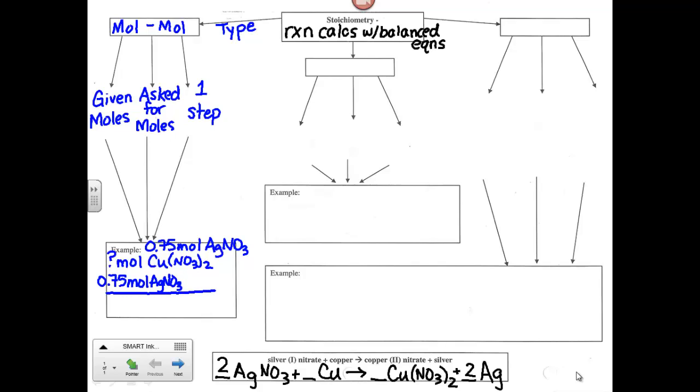We need to cancel the moles. So where do they go next? On the bottom, we use the numbers from the balanced equation. In the balanced equation, there's 2 moles of AgNO3 for every 1 mole of copper 2 nitrate.